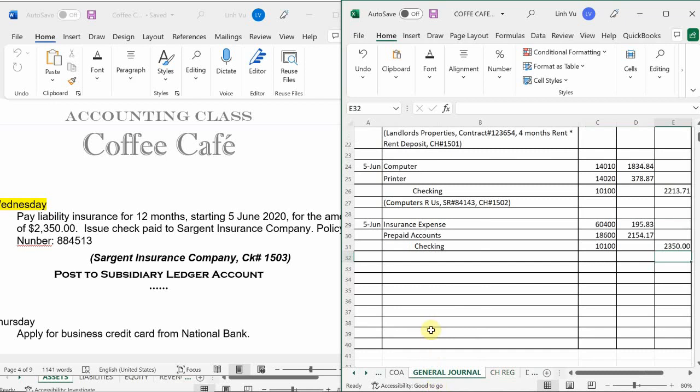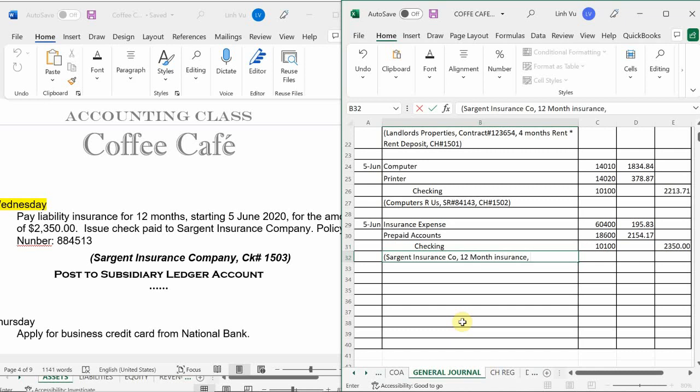Means I can go to my general journal. I have everything I need to be able to fill this out. Who was my vendor? Sargent Insurance Company. What was my policy number? Or what did I get? You could say you got 12-month insurance.